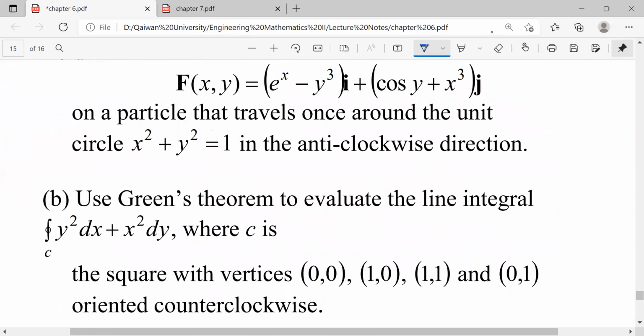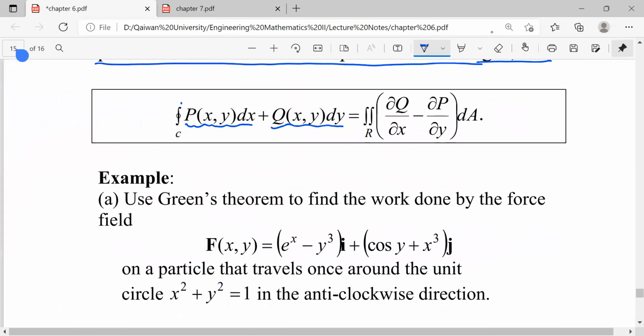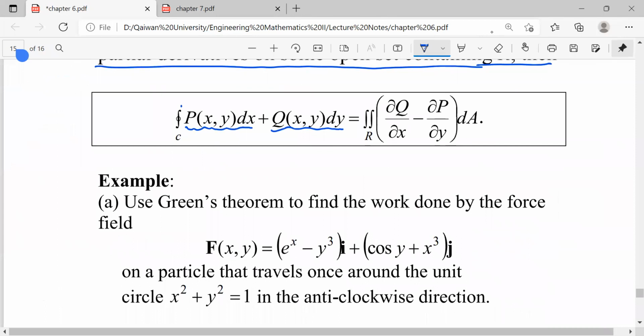Here we have two examples. In the first one, it says use Green's theorem to find the work done by a force field. We talked about this before: work done is a line integral. So here we just find the line integral, and that will be the work done.